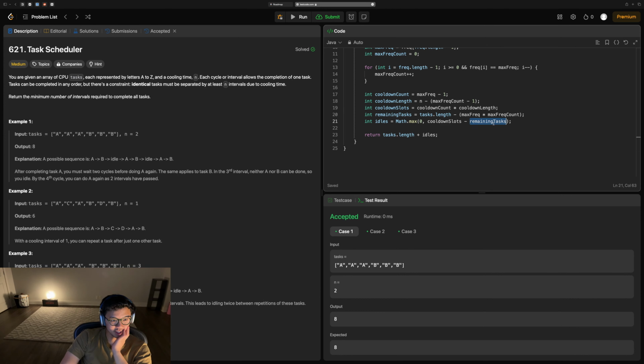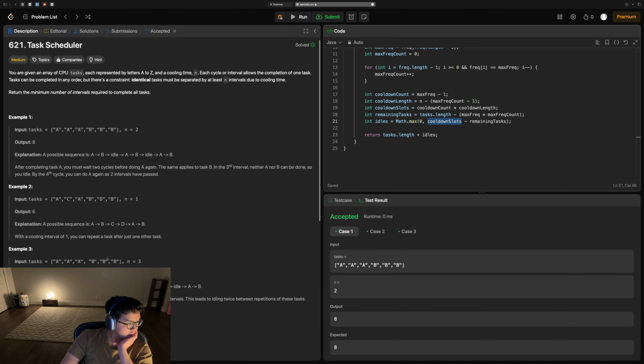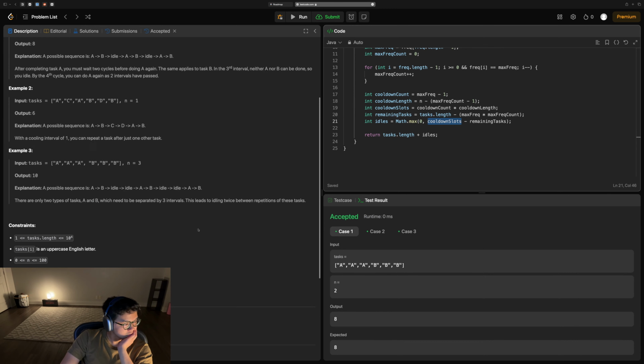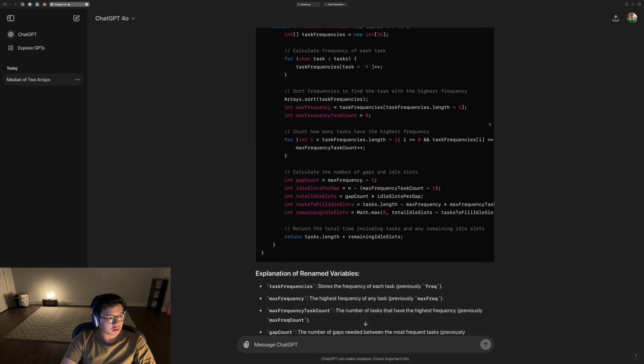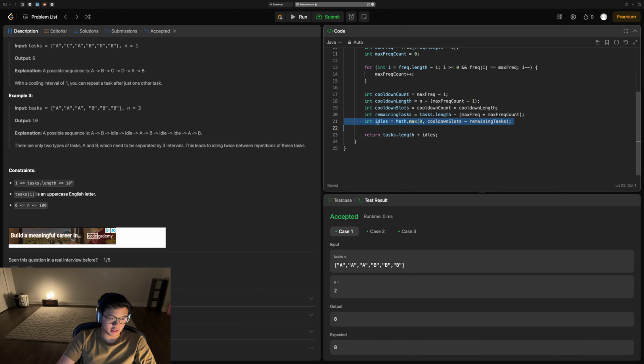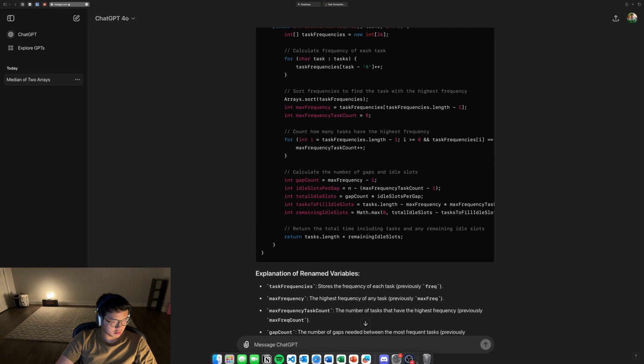But what happens if remaining tasks is greater than cooldown slots? Does it just tack it onto the... So this is going to be remaining idles, by the way. Can you explain this, please?